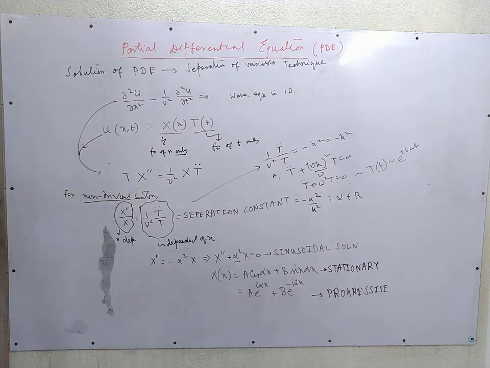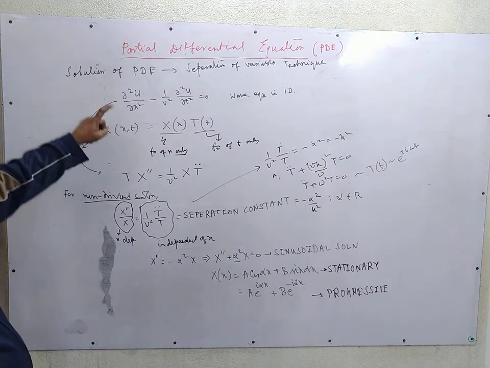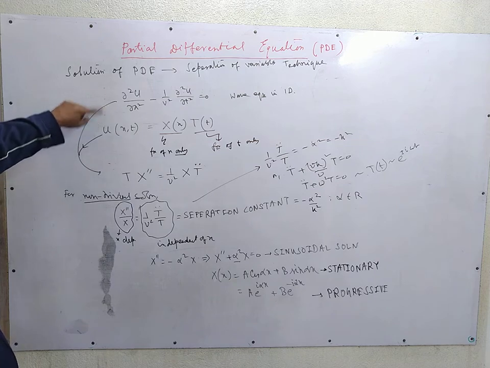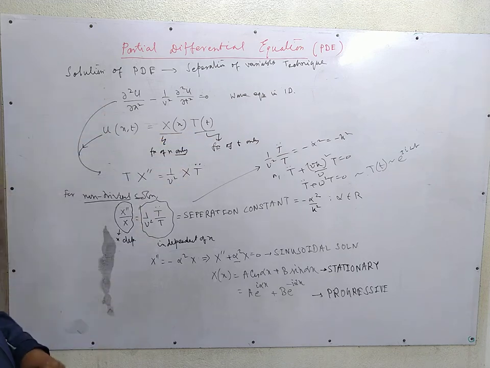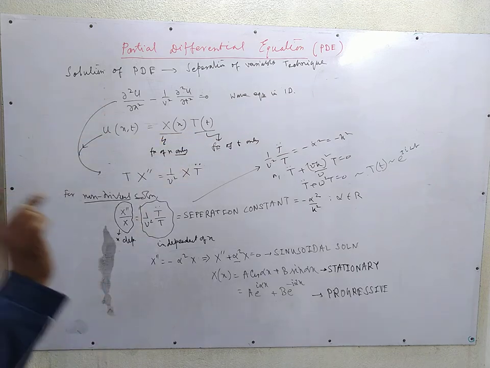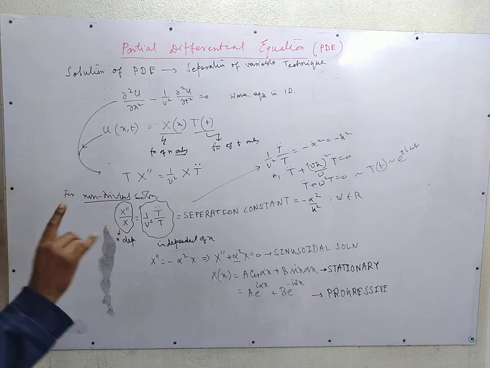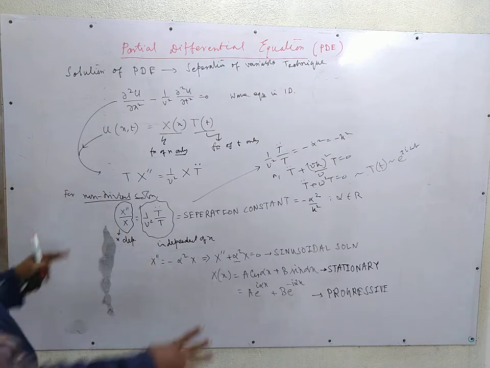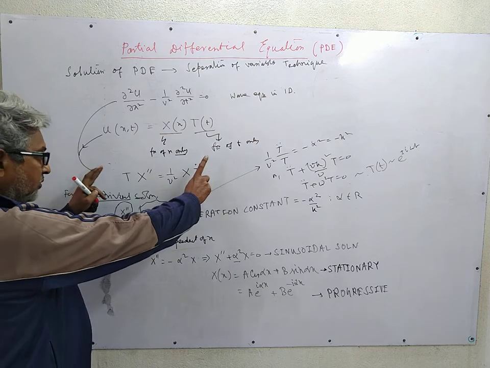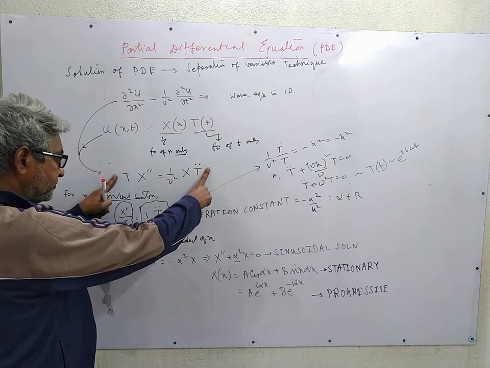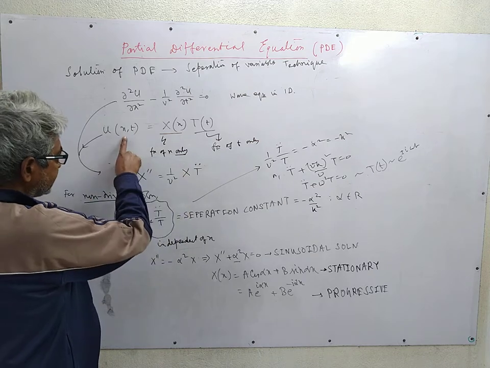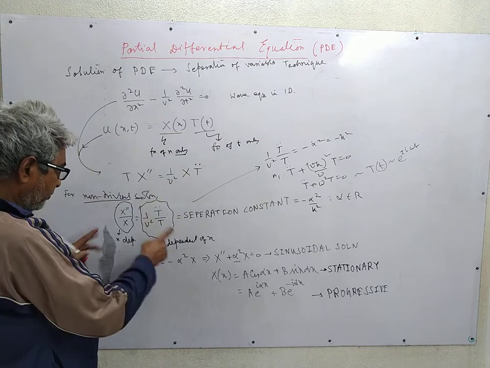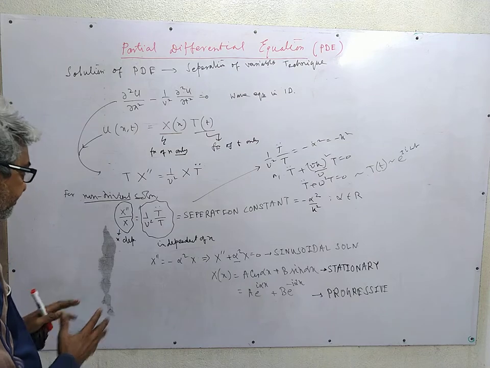Then we apply this answer into the differential equation, and we remember that each function on the right hand side has dependence only on one of the variables, and we get such an equation. Now for a non-trivial solution, we divide the whole thing by this solution, and we get such an equation.